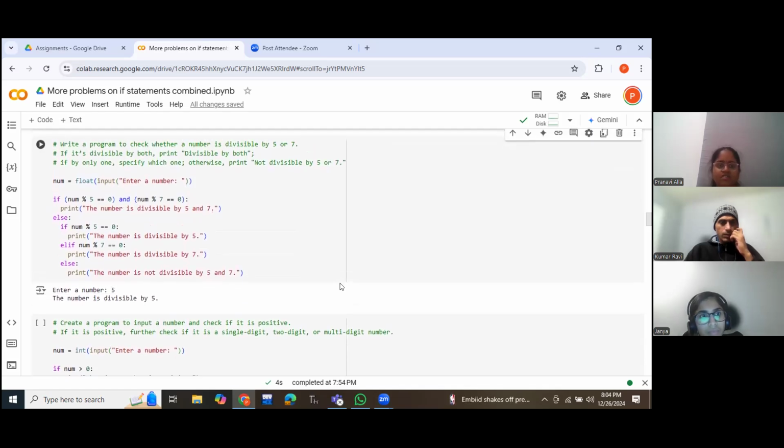This one is divisibility by five or seven, sir. Divisible by both, if only one then say which one, otherwise not divisible by five or seven. This is the scenario I was explaining to you in the isosceles. If two sides are equal, then which sides are equal? Yes, sir. Any two sides. But that's fine. So elif is also good enough here, right? Eventually this is one elif.